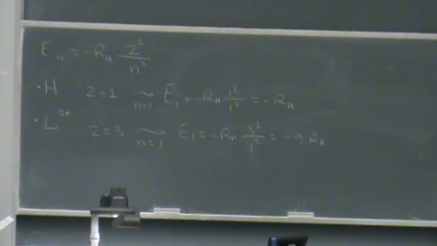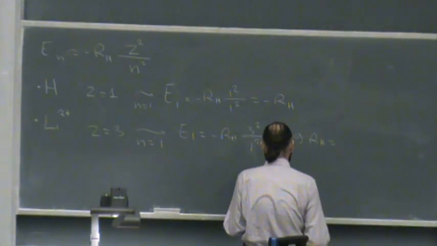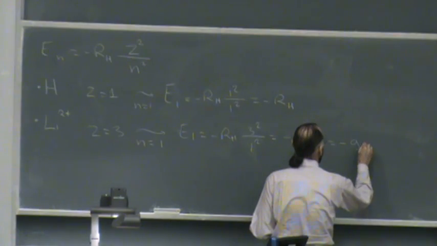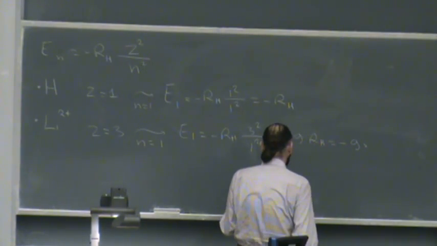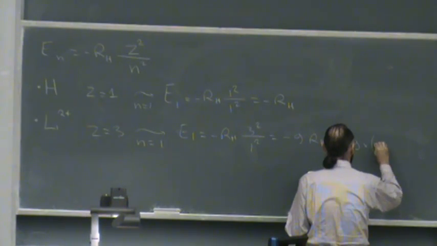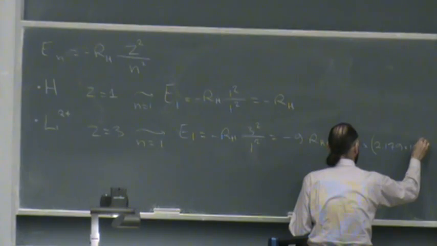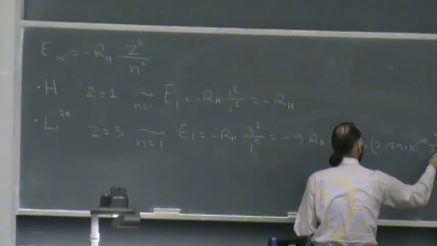So we have to continue: minus 9 times the constant, which has the value from the last page of your exam, 2.179 times 10 to the minus 18 joules.